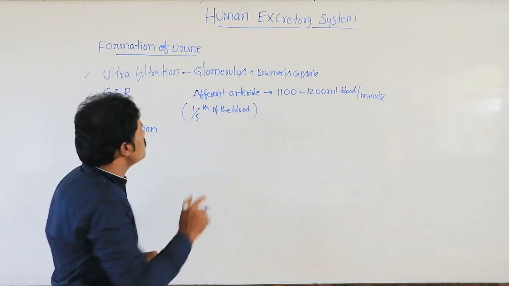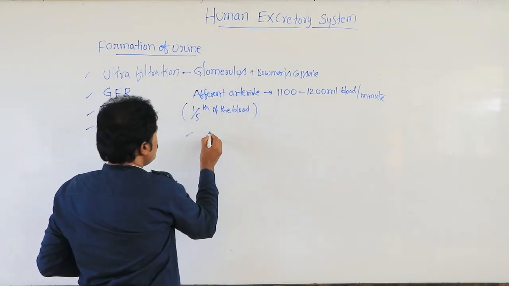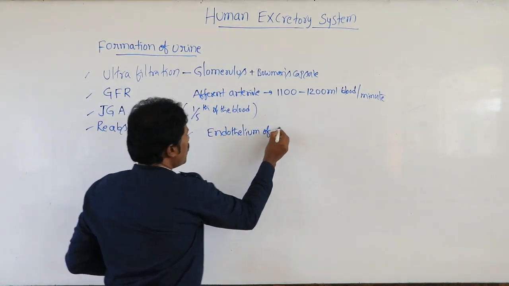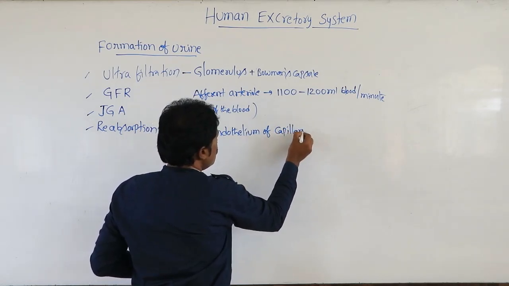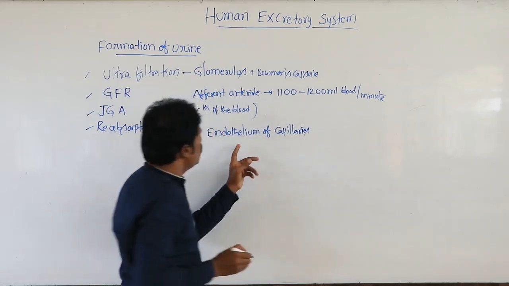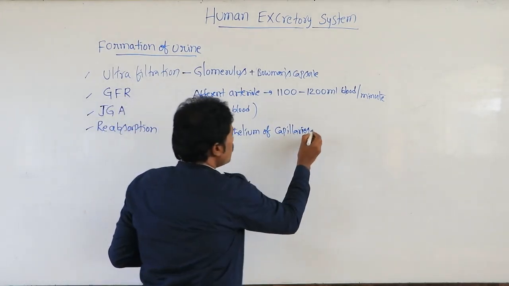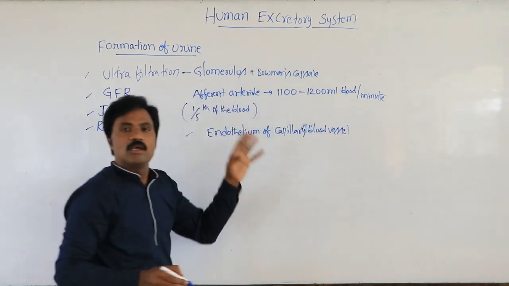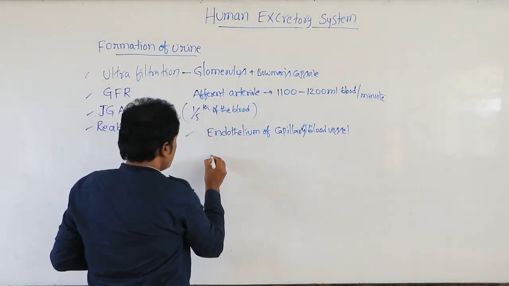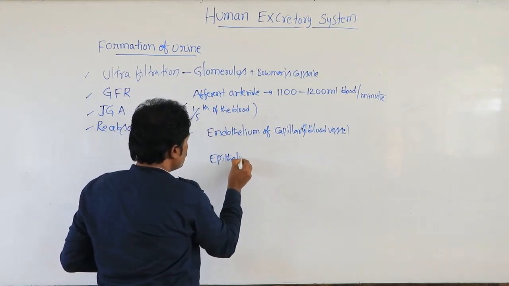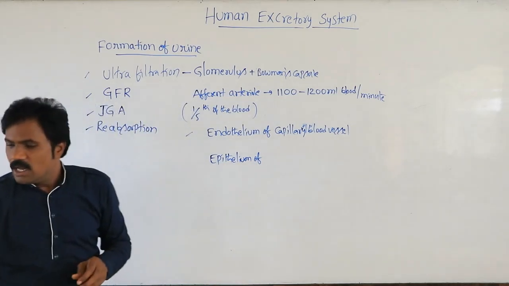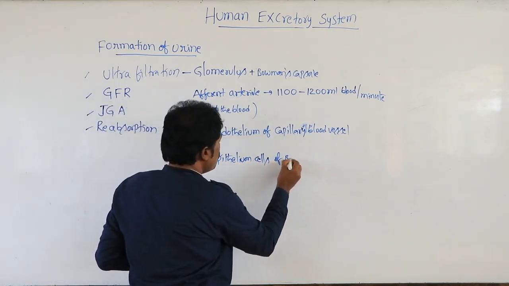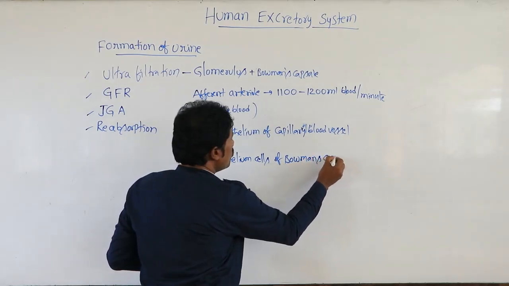There are 3 membranes required. One among these is the endothelium of capillaries of the glomerulus, the capillary blood vessels present in the glomerulus. Then the epithelium cells of Bowman's capsule, where it is located already said.